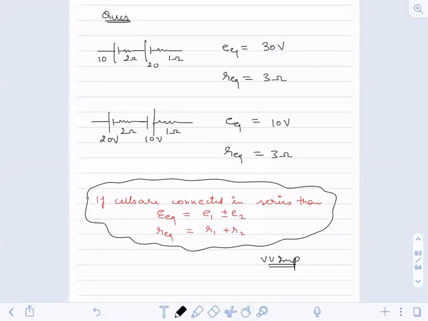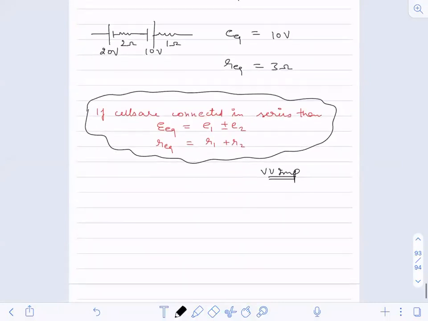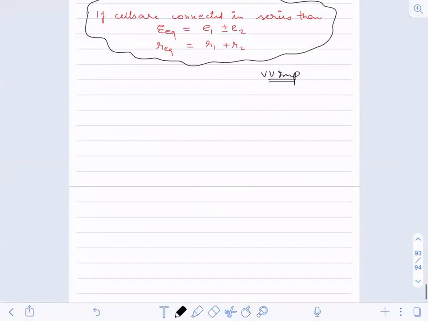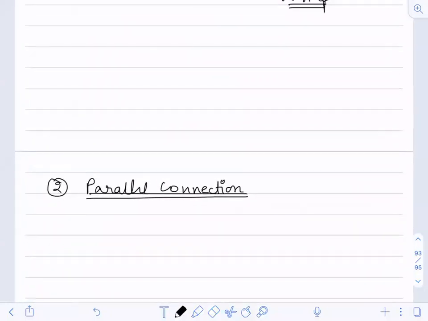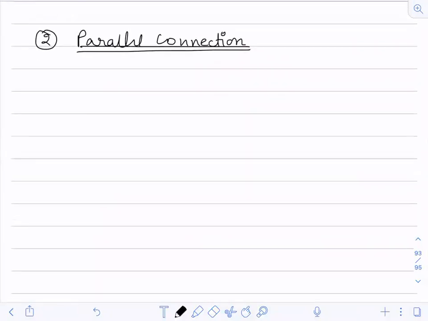Next is parallel connection. This was series connection of the cells; next is the parallel connection of the cells. In parallel connection, the EMFs will be connected in parallel. Just see how.